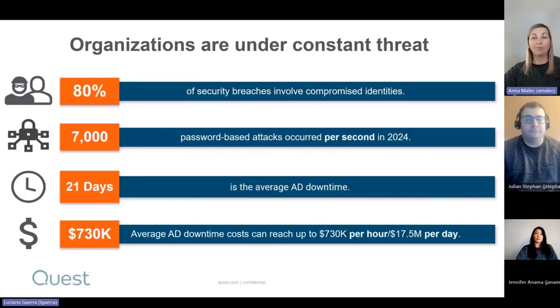Those statistics are still pretty astounding. 80% of security breaches involved compromised identities, so we know that hackers are concentrating on your identity environment. 7,000 password spray attacks per second in 2024. That's huge. And it takes about 21 days on average for Active Directory to be down before you can bring it up.